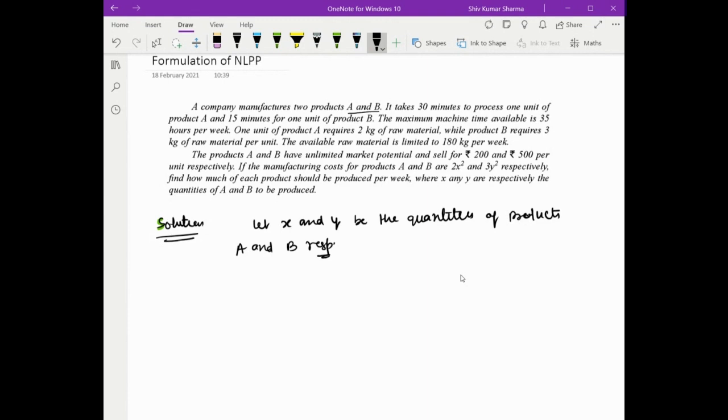It is given that there are two types of products, A and B. So we assume that x and y are the quantities of products A and B respectively, which are manufactured per week.